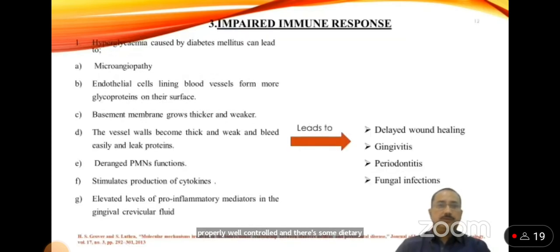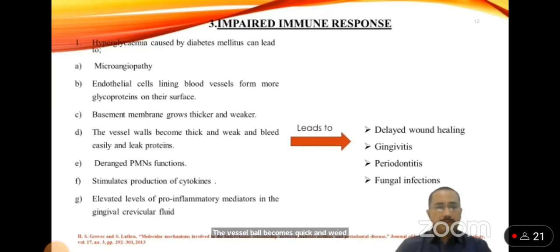Impaired immune responses: hyperglycemia caused by diabetes mellitus can lead to microangiopathy. Endothelial cells lining blood vessels form more glycoproteins on their surface, and the basement membrane becomes thicker and wider. The vessel wall becomes thick and weak, bleeds easily and leaks proteins.